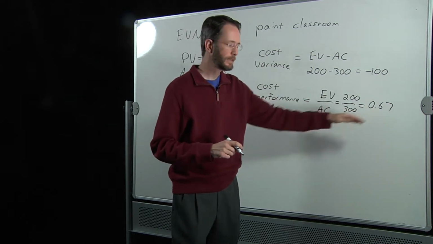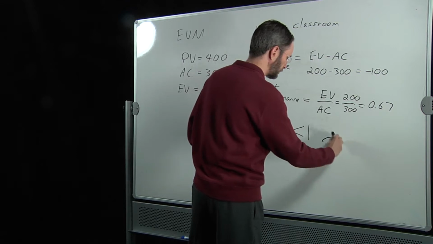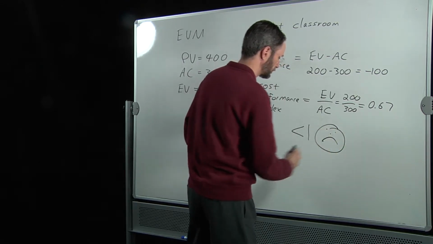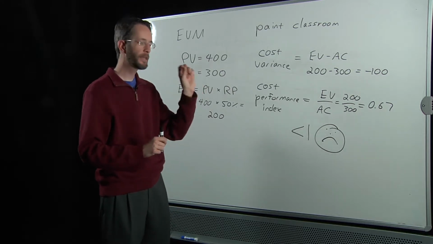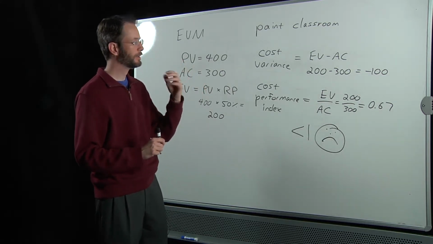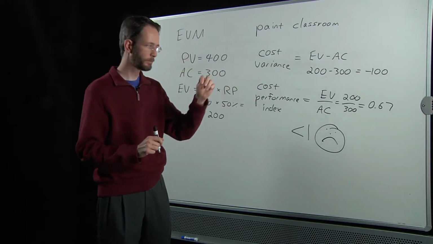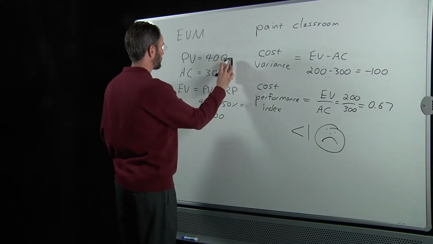Anything less than 1 is bad. So less than 1 is bad, basically. A value of 1 means you are right on budget. You are spending just as much as you had planned to. And anything greater than 1 means you are under budget. Let me write these over here.